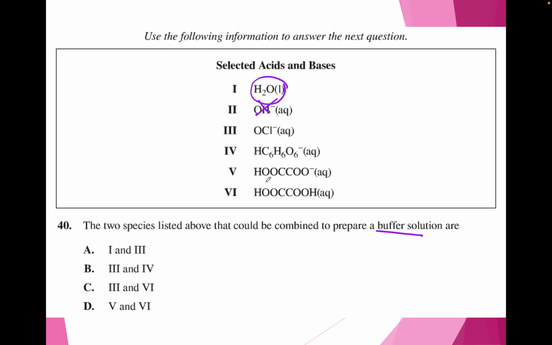Just double checking. So OCl. Yeah, we don't have the conjugates. Okay, so here it is going to be 4 and 5. So I was just double checking this one. If we had a list that contained HOCl, then that would have been a combination, but we didn't have it. So the only one that would be directly across from each other in the data booklet would be these two.